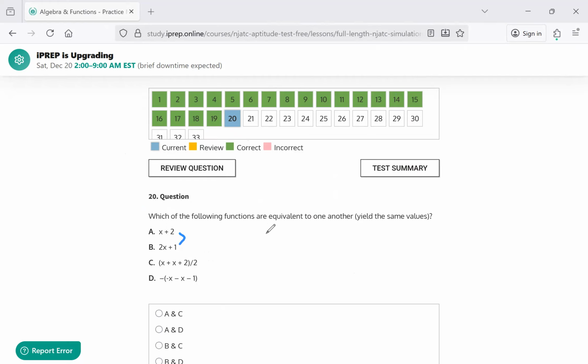On the top, you have x plus x plus x plus 2 all over 2. So that's 2x plus 2 all over 2. And if I divide everything by 2, it's x plus 1. And what about d? Because I don't see how that's related to a or b, right? So let's do d.